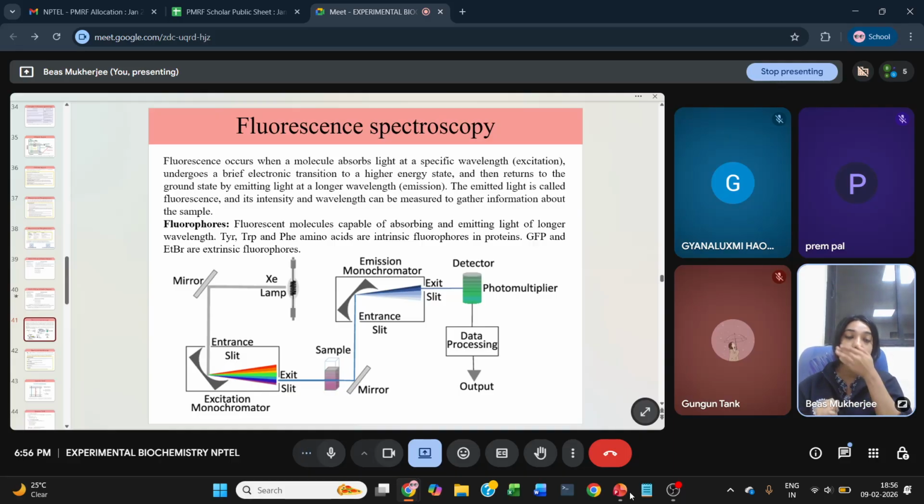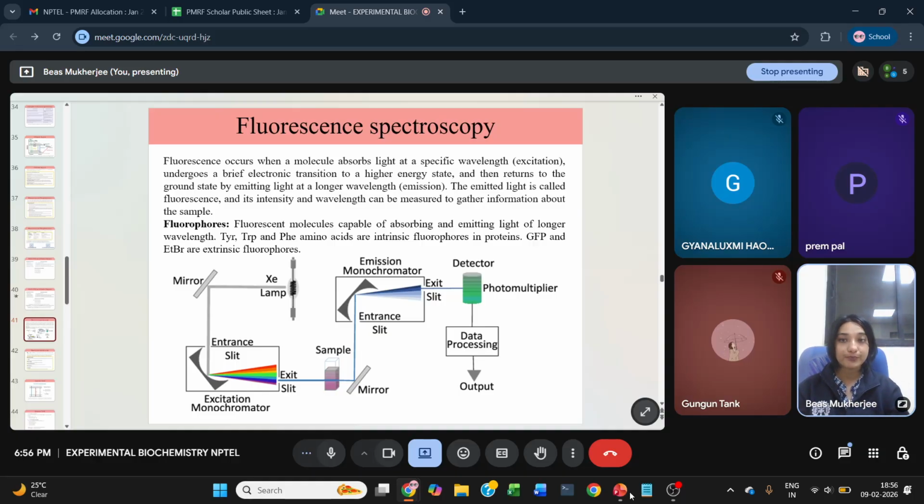Remember this, okay? Shorter wavelength. And the emitted light is called fluorescence. Its intensity and wavelength can be measured to gather information about the sample. Okay, so shorter wavelength means higher frequency, so higher frequency means higher energy.